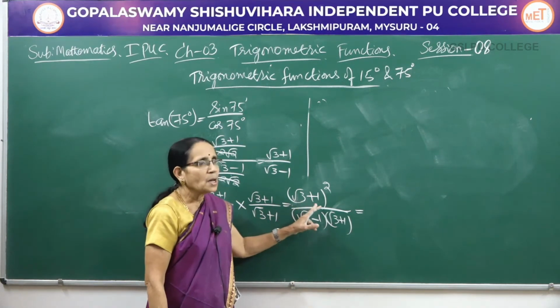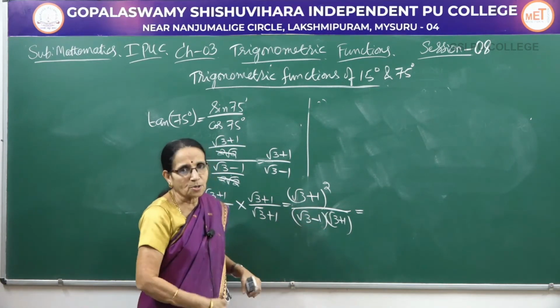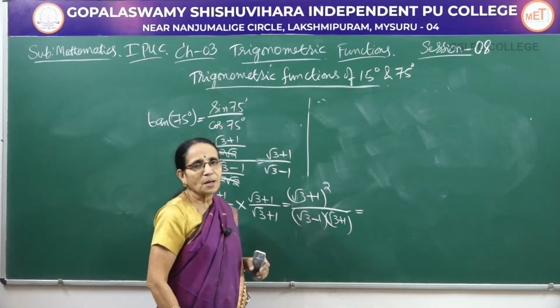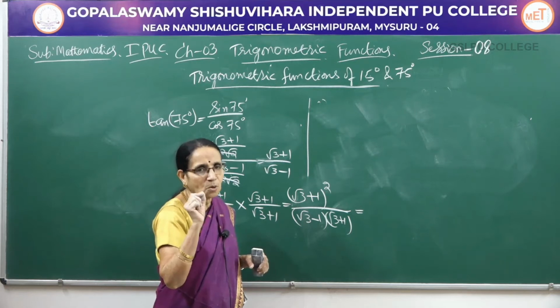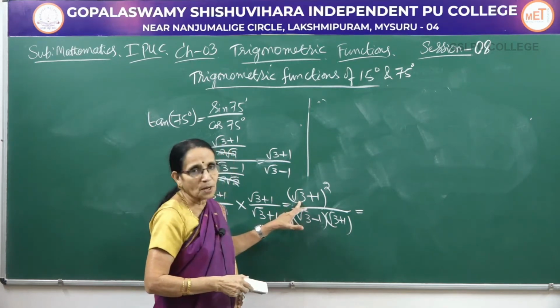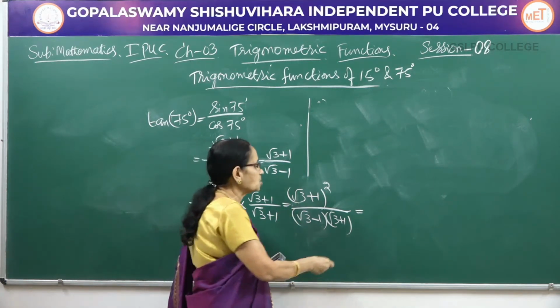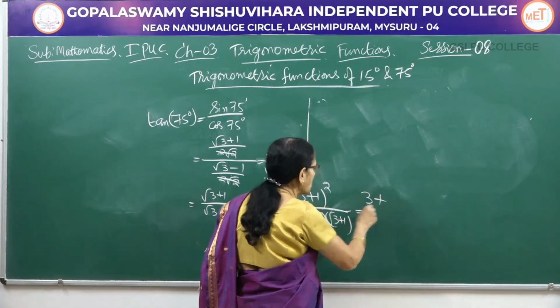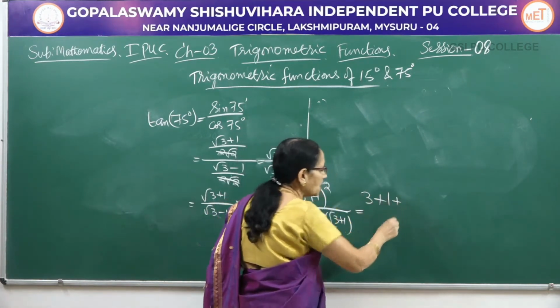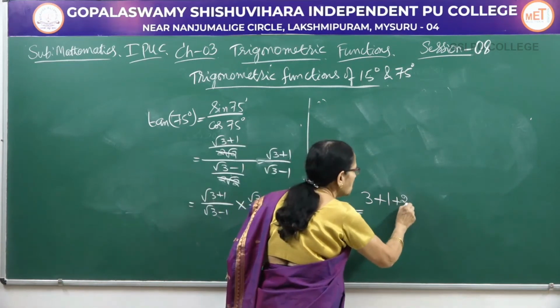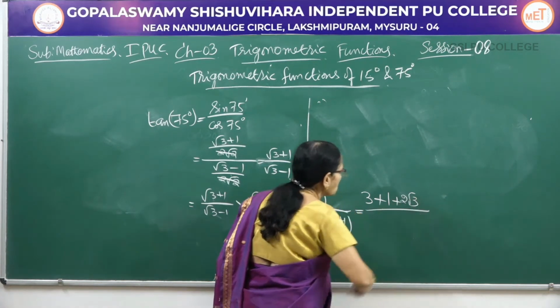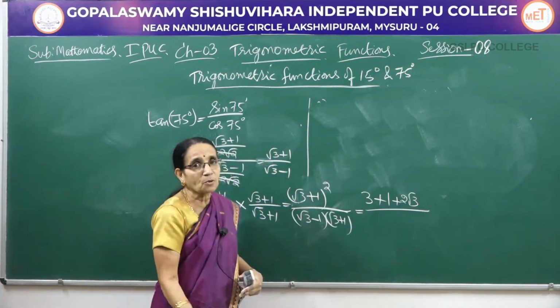It is of the form a plus b the whole square, isn't it? So what is the expansion? A square plus b square plus 2 into a into b. Here we are having root 3. Root 3 whole square means it is 3. 1 square is 1 plus 2 into a into b. 2 into 1 into root 3 is 2 root 3. So I made use of the algebraic formula.